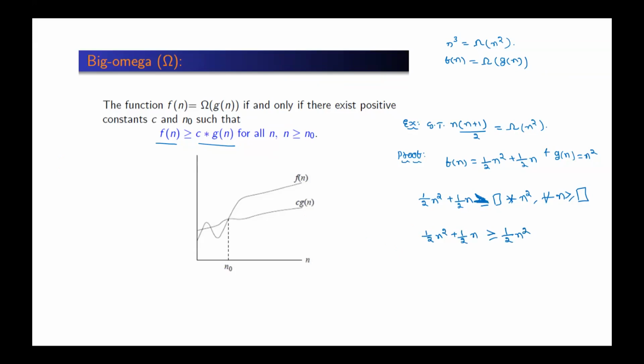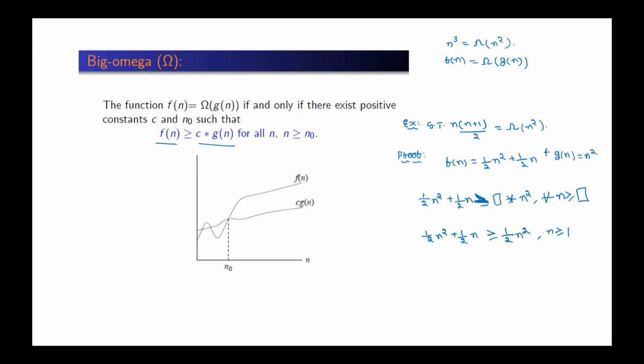Is that correct? Yes, sir, n is non-negative. That's why this is true. Now, can we put it as n greater than or equal to 1? If it is satisfied for 0, it will automatically be satisfied for 1 also.